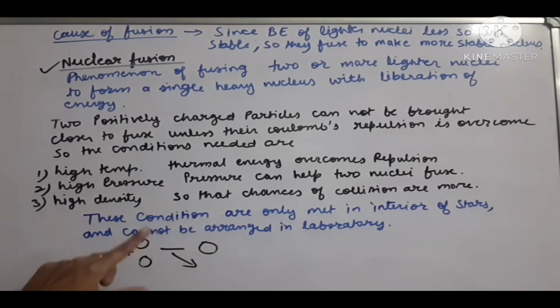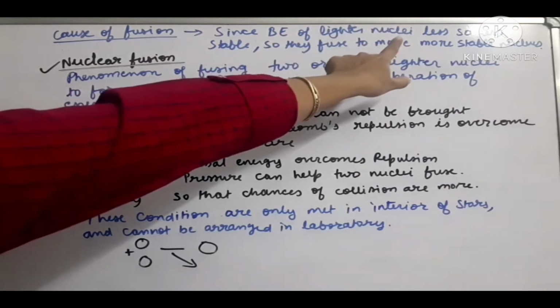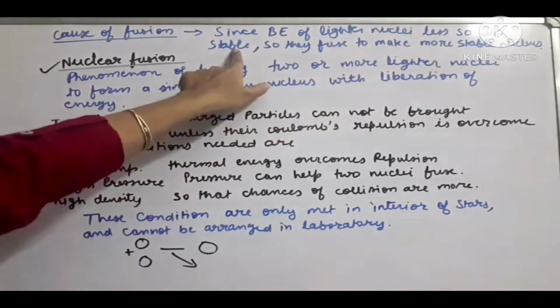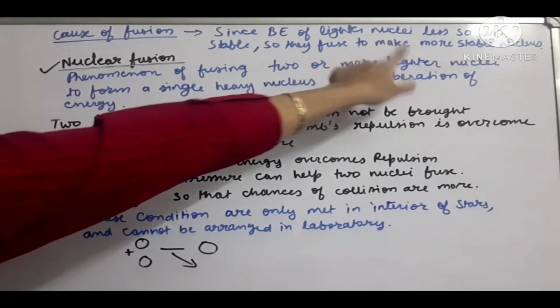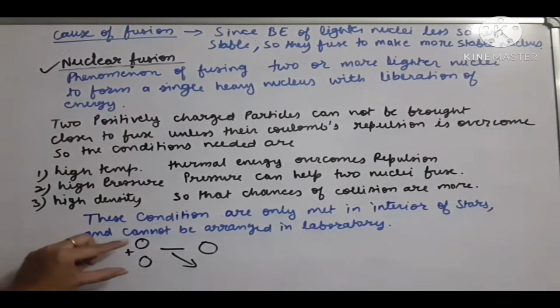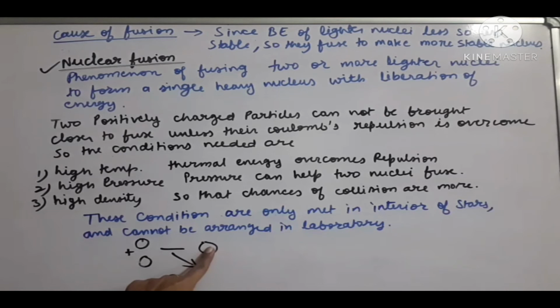So overall the idea, or the cause of why the fusion takes place, is that since the binding energy of lighter nuclei is less, they are less stable, and that's why they fuse to make a more stable nucleus. Okay, so these two lighter nuclei are less stable because of less binding energy. They fuse in such a manner that they make a heavy nucleus which has more binding energy, or is more stable. Okay, so this way the process takes place.